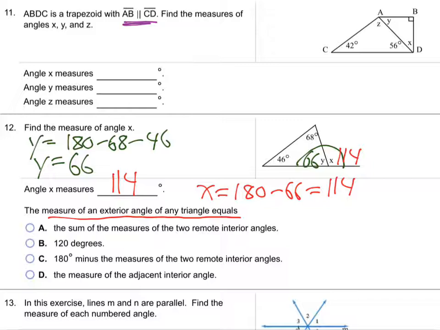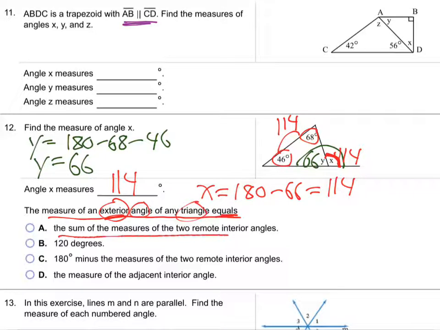Notice that 114 is what these are added up. They make 114, don't they? So the measure of an exterior, an outside angle of a triangle. See how x is the outside angle of the triangle? It's not one of the three inside angles. It's what's called an exterior angle, an outside angle. The outside angle of a triangle equals what?